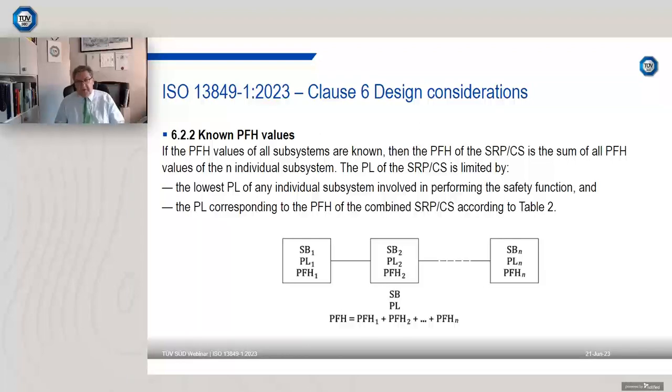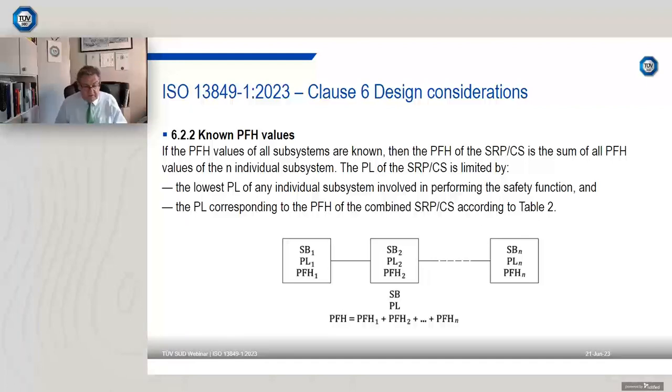So where we know the PFH value of each subsystem, either because we've been given it by a manufacturer, because it's a certified safety component, perhaps, or manufacturers given it as a PFH value, we would use it. The measures in clause 6 about category MTTFD diagnostic coverage can be used to calculate the PFH of a subsystem. So for many functions, we would know the PFH of each subsystem.